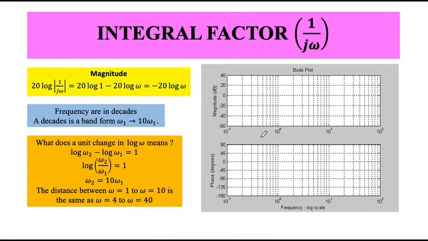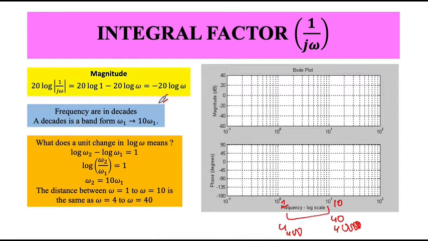Here log 10 by 1 is the same as log 40 by 4. The distance between 1 and 10 is the same as between 4 and 40, and even the same as between 400 and 4000, right?